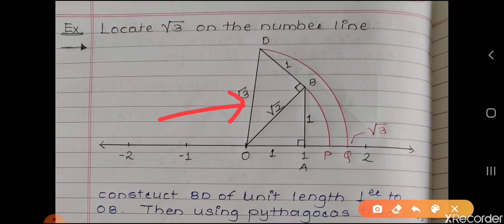Next, by using compass with center O and radius OD, draw an arc which intersects the number line at point Q. Then Q corresponds to square root of 3.